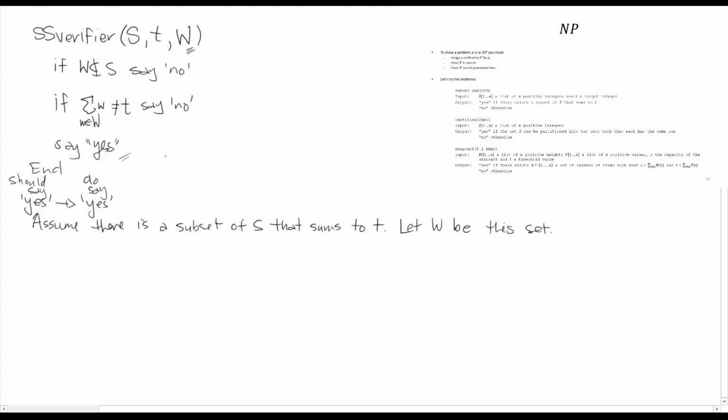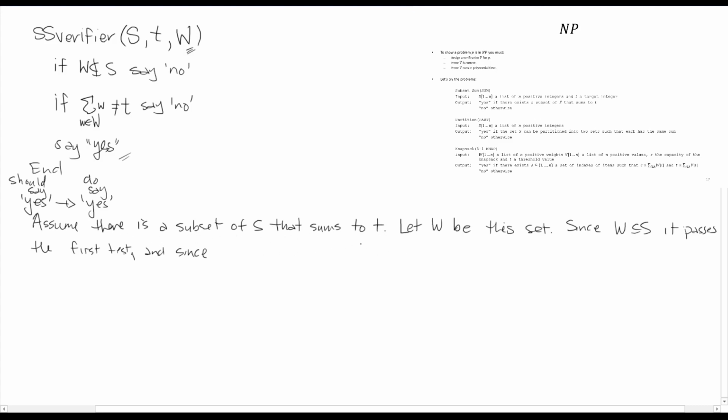Now, that should make it easy for me to say that I passed this test. So I'll say since W is a subset of S, it passed the first test. And next, we need to pass the second test. So what do we know about this?